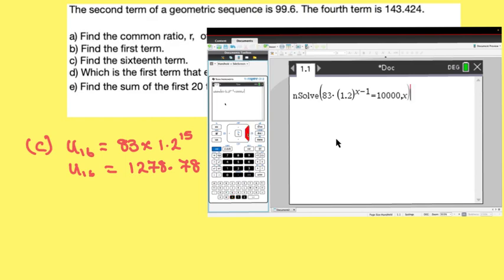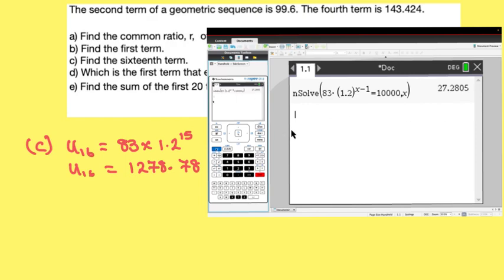I like to come outside the bracket, press equals, and the answer is 27.28. But x must be a whole number, and we want the first term to exceed 10,000. So the answer would be 28. When you're doing this in an exam, make sure you write that equation down. Write down the answer 27.28 and then explain why the first to exceed is 28.